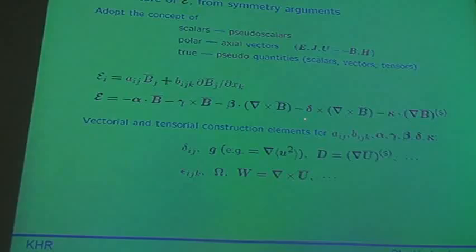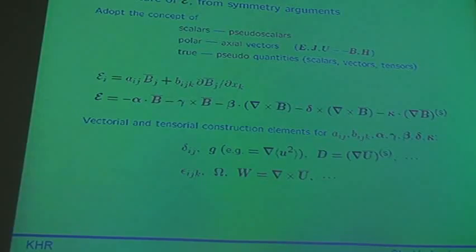You have delta, think of omega for example, is a pseudo quantity, axial vector, and here again is a current, which is a polar vector, and so on.